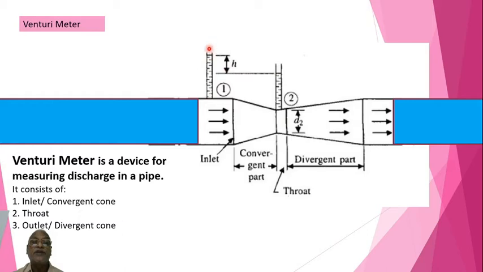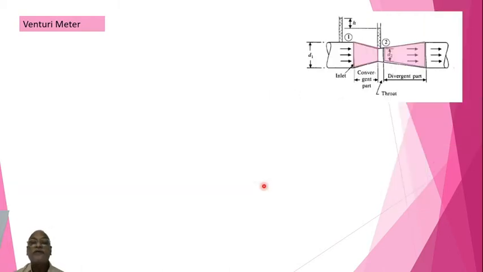Here there is a pressure right up to this level. Here the pressure is only up to this level. There is a drop, and this drop is only because of the pressure difference, and the pressure difference is because of conversion of pressure energy into kinetic energy. Okay, we'll see further.